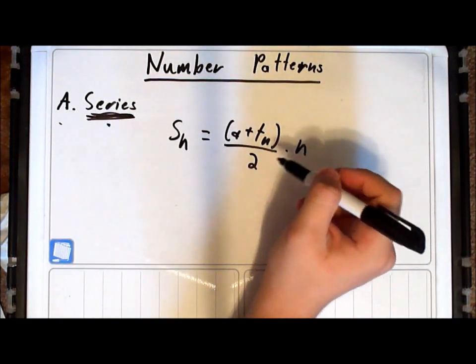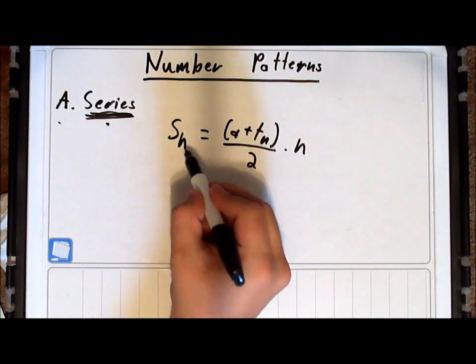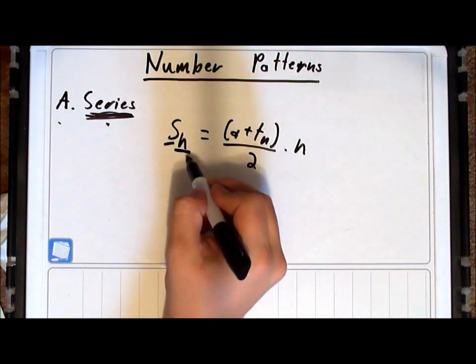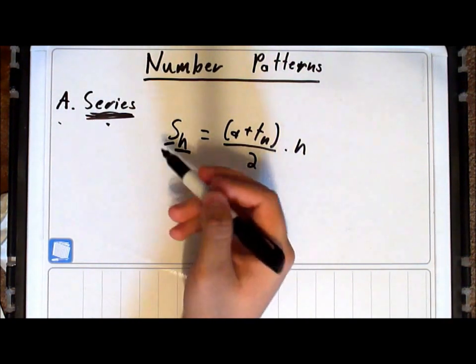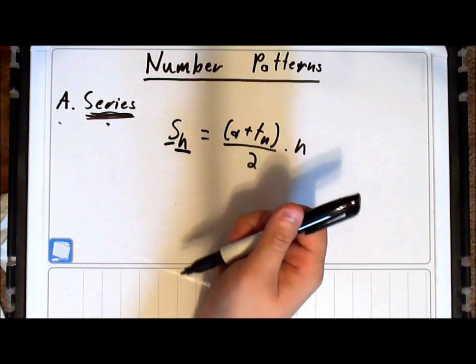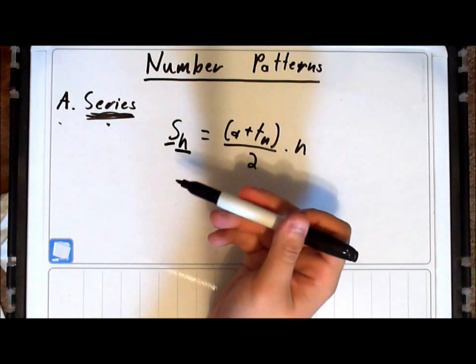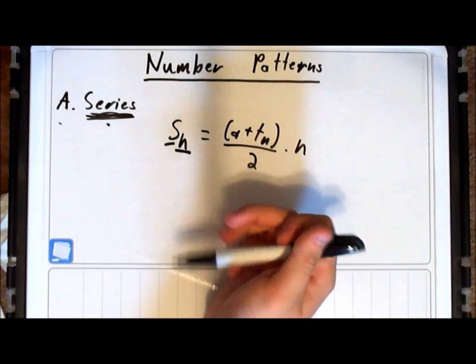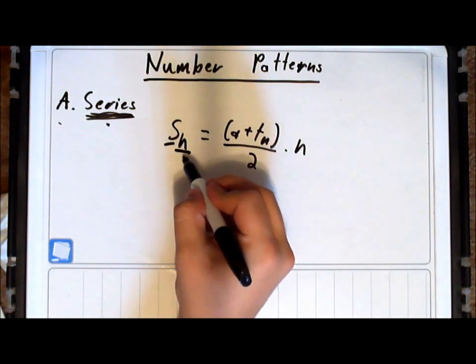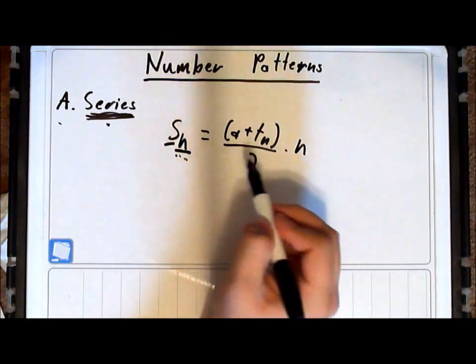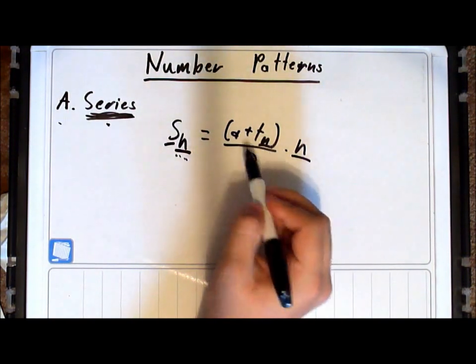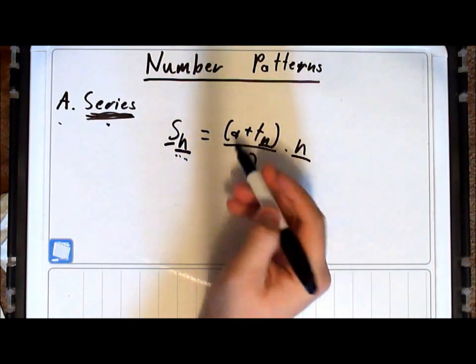Let me break this down for you. The S_n is the sum at the nth term, so whether it's the 5th, 20th, 100th, 1000th, 562,491th, whatever, it's at that term. That n is going to be the exact same for all three of these. So that's the sum at that term.